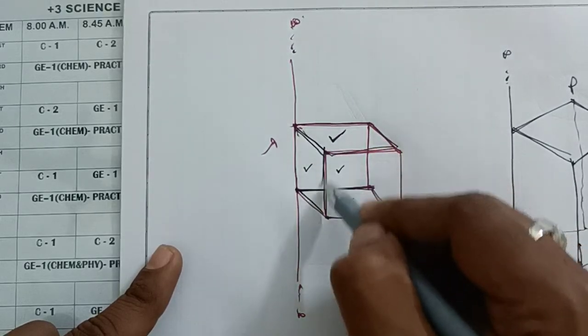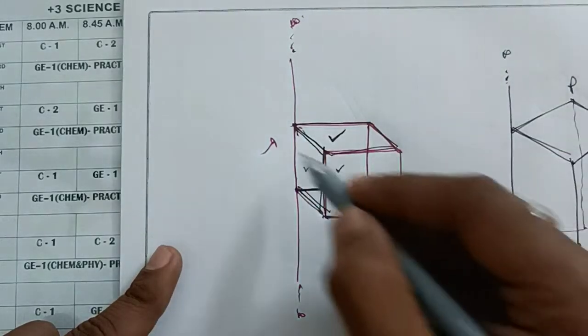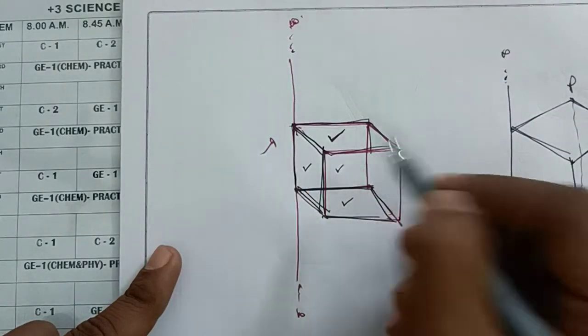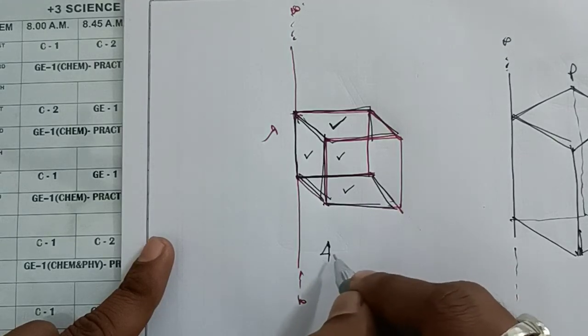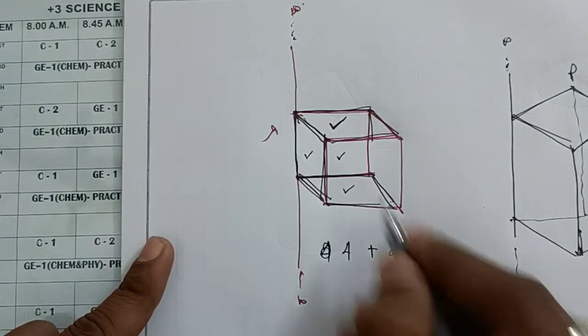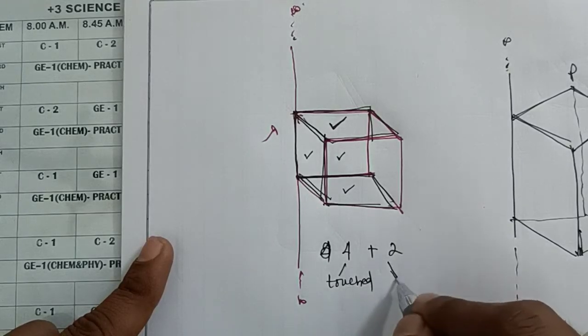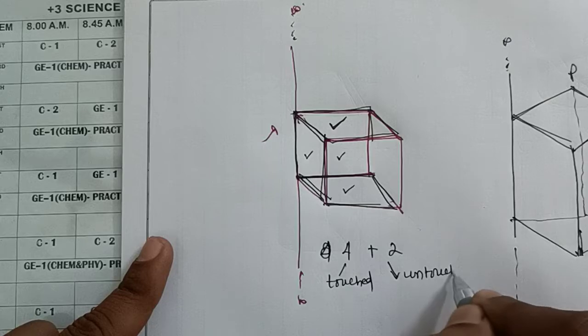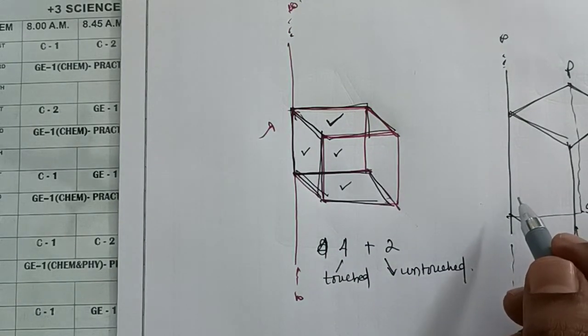This is one face, it is touching. This face also touched, and there is a back side also, one face is there touching. So 4 faces touched, and 4 plus 2 makes 6 faces, so this 2 are untouched. The question has framed how much flux passes through the untouched faces.